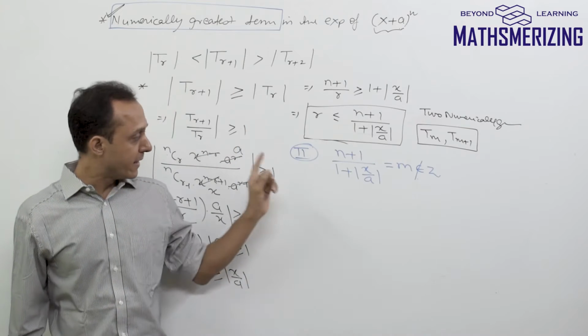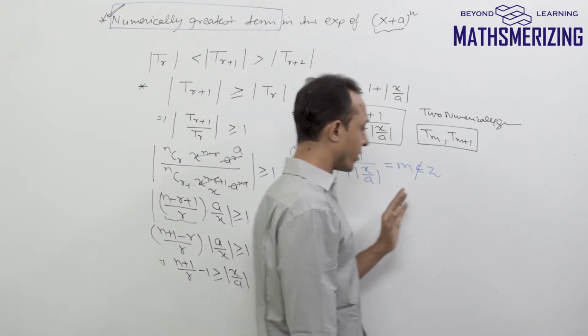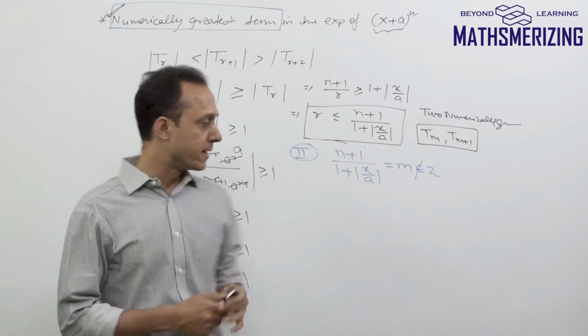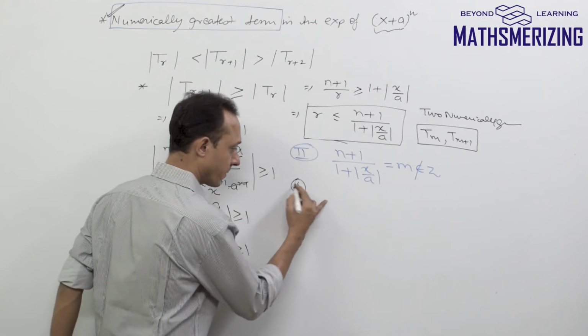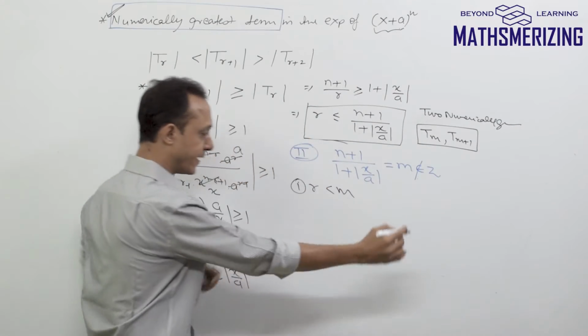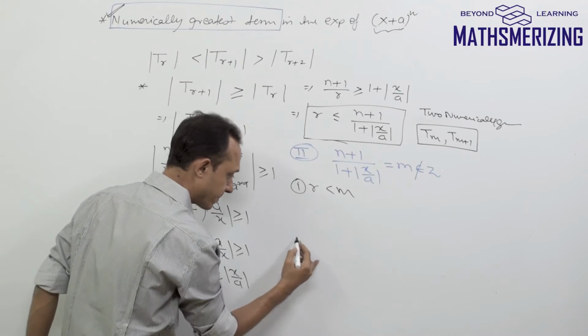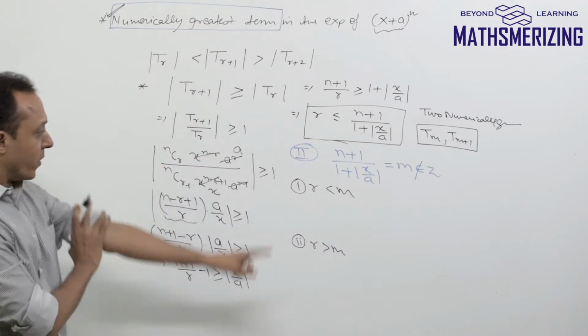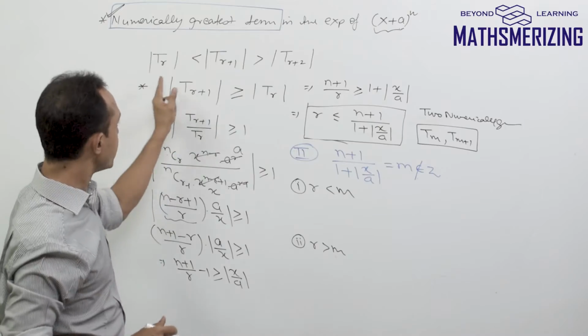Now, for the second case, when (n plus 1) upon (1 plus mod x upon a) is some number m which is not an integer, again we'll have two separate cases. Here we'll have the first case when the value of r is less than m, and the second case when the value of r is greater than m. Now, when the value of r is less than m, this condition holds, right?